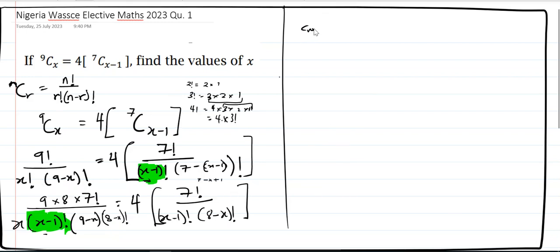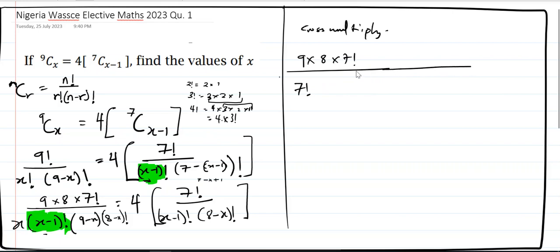So cross multiply. When we cross multiply, we are getting 9 times 8 times 7 factorial all over, now the 7 factorial over here will come down. 7 factorial times, now this fraction, let me expand it, the ones at the top two are coming, right? x minus 1 factorial, 8 minus x factorial, right? Then first of all, 4 will come.